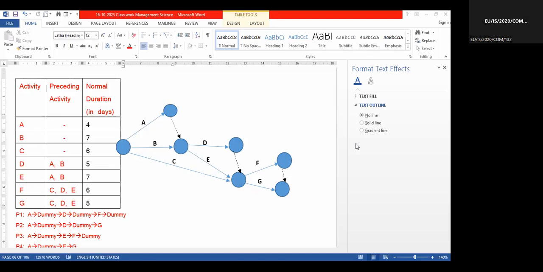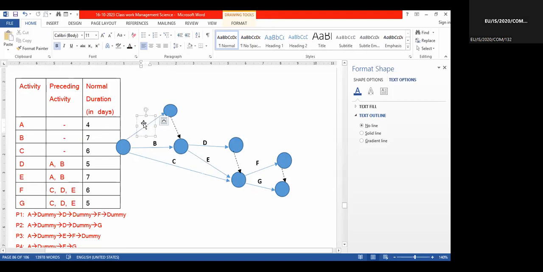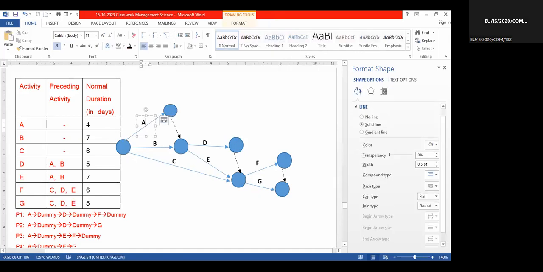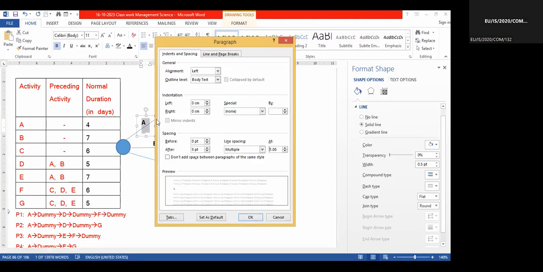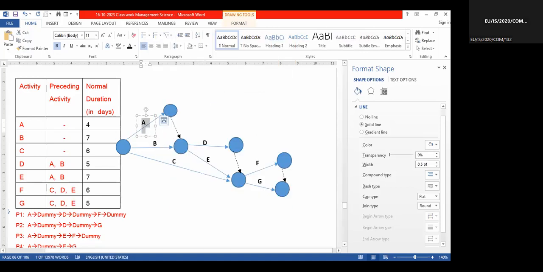MS 16, 40 days. MS 44, 19 days. Okay. Now we will see. Right. So how many days are required to complete activity A? A, how many days, students? 4 days.